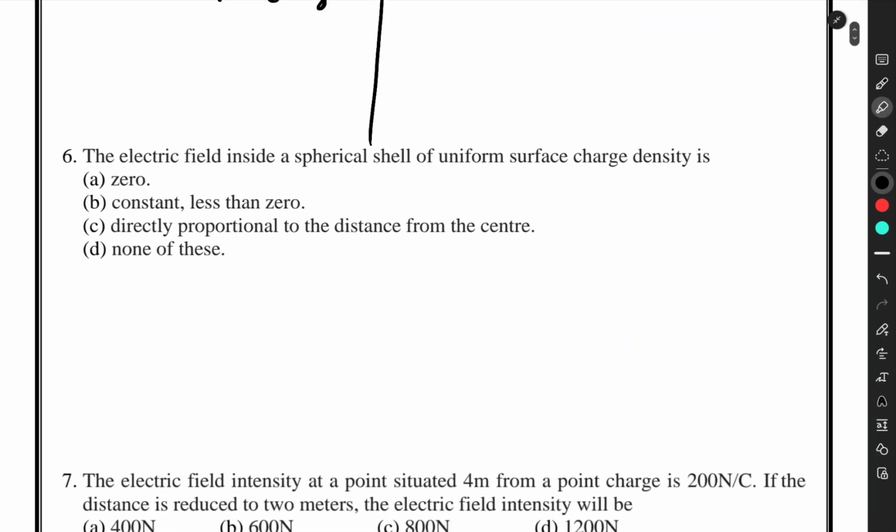That is, the electric field inside the spherical shell of uniform surface charge density is, see, it should be a spherical conducting shell.